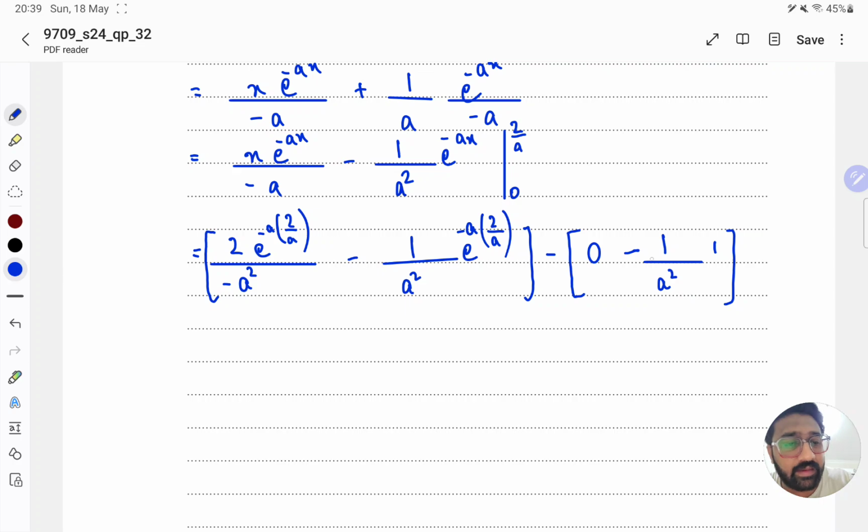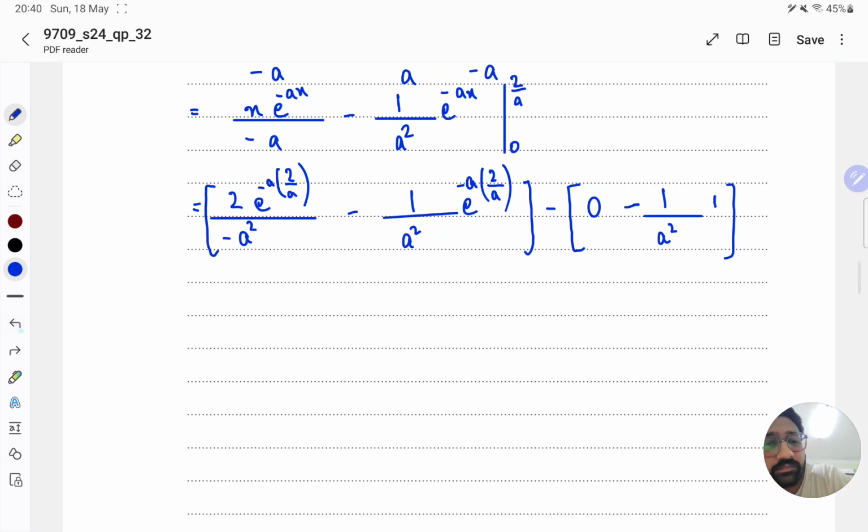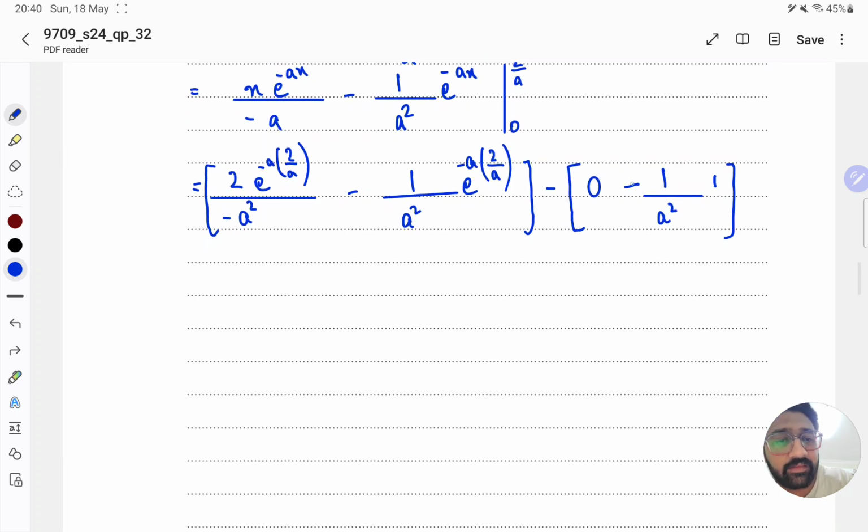So there is a negative over here as well. The upper one is going to be this. Yes. So further if I simplify, this is going to be a negative and negative.